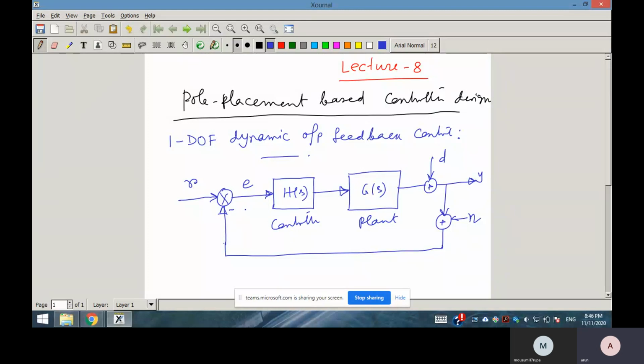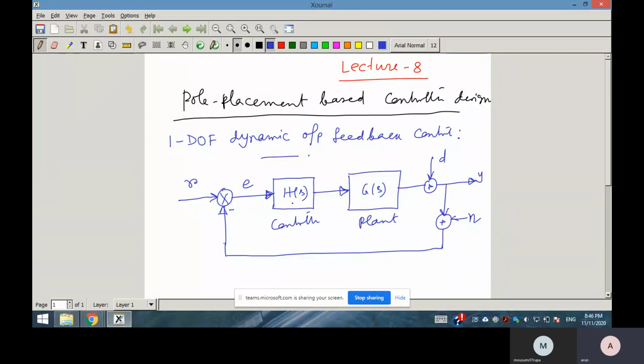So in control literature, 1 degree of freedom and 2 degree of freedom controls are there. 3 degree of freedom controls are also possible. In that case, the third is disturbance. If the disturbance is also measurable, then you may call it 3 degree of freedom control. That also we can have, but up to 1 degree of freedom and 2 degree of freedom controllers we will be discussing in detail in this course.